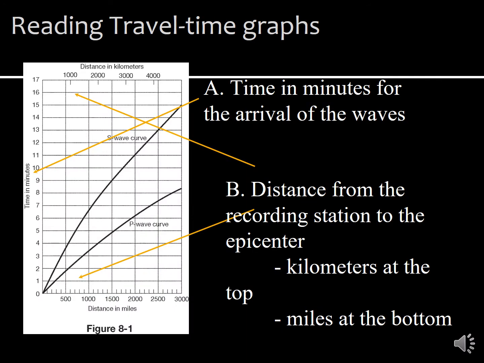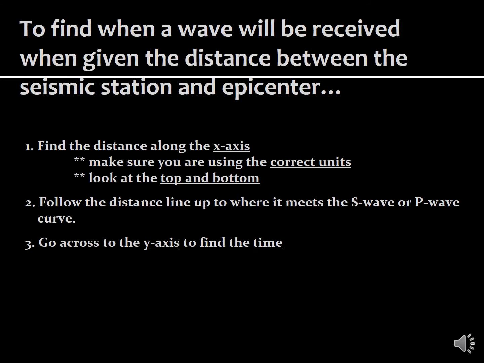Reading the time graph. So time in minutes is for the arrival of the waves. Distance from the recording station is here, and that's always at the bottom. X and Y. The time when a wave will be received when given the distance between the seismic station and epicenter.